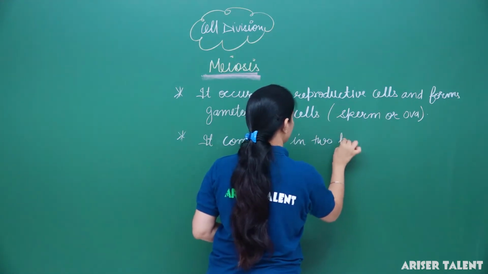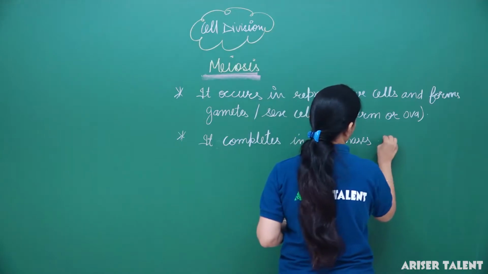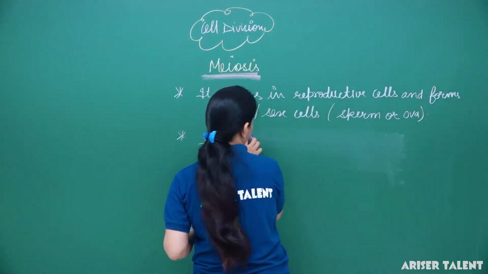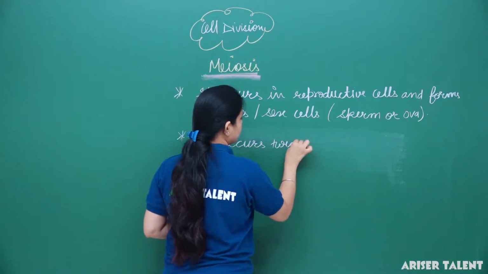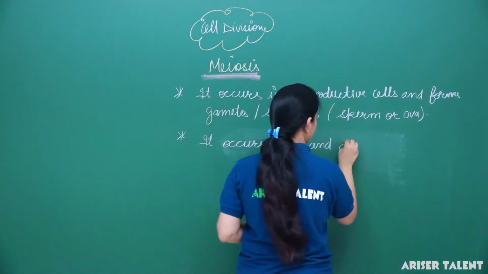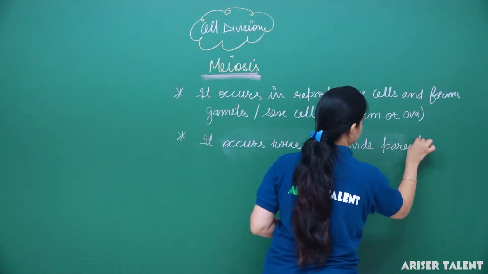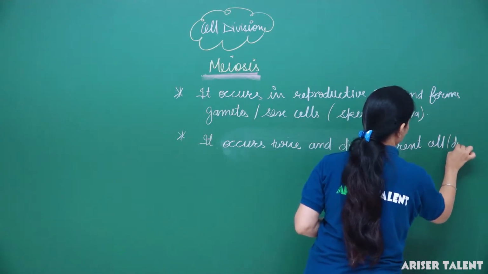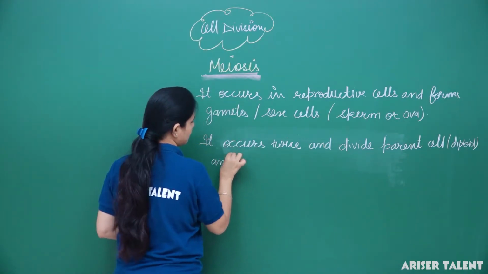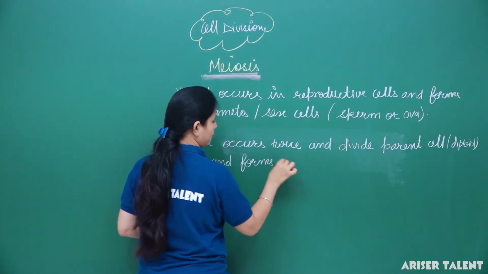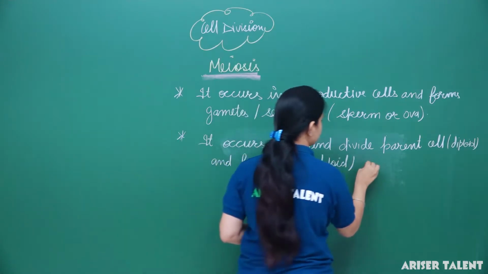It occurs twice and divides the parent cell, that is diploid, and forms 4 haploid daughter cells.